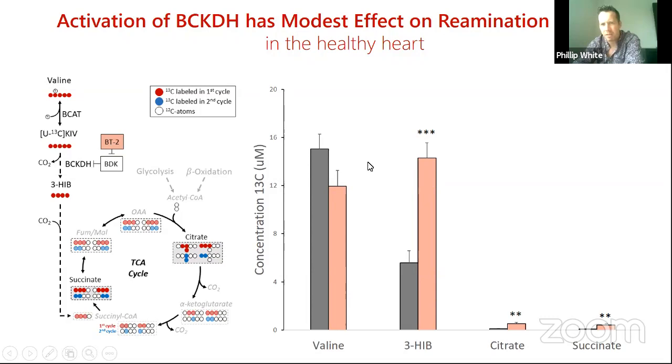But the major fate, being valine, is not drastically affected by this maneuver, which seems to suggest that some of the keto acid is being rapidly reaminated to valine and then sequestered away from the mitochondria and BCKDH.